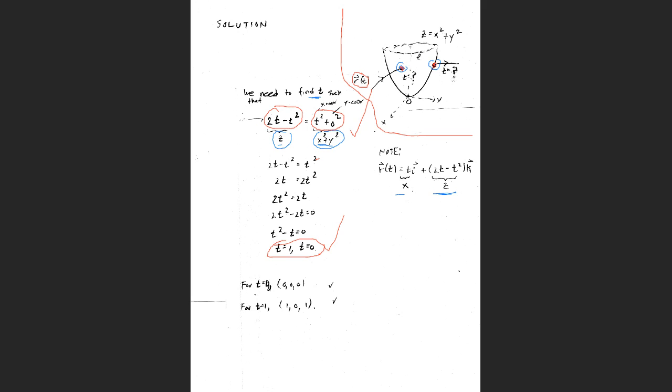And that means when t equals 0, the point 0, 0, 0 stands for the space curve vector at time equals 0.